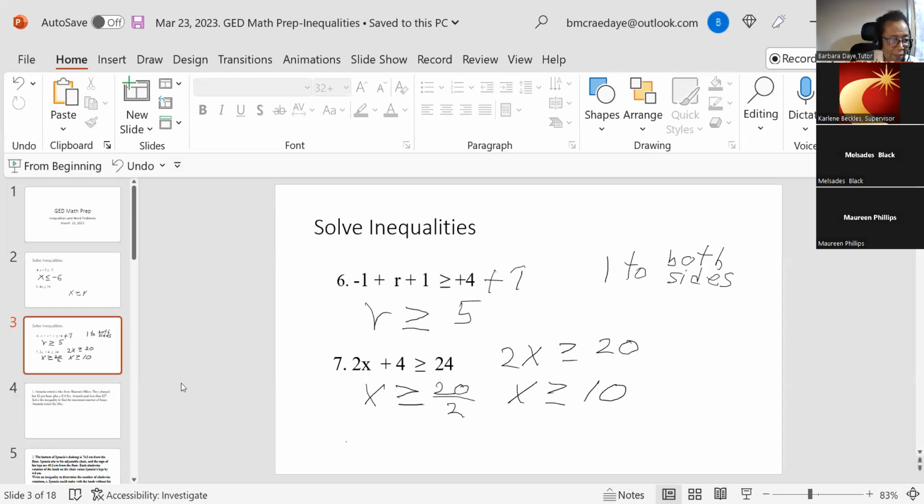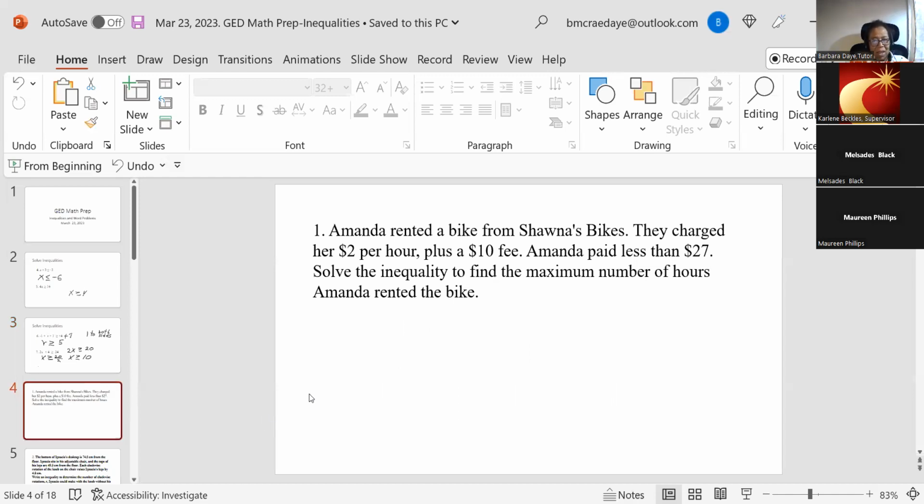Okay. Now, let's look at a word problem. Maureen, read number 1. Amanda rented a bike from Shauna's Bikes. They charged her $2 per hour plus a $10 fee. Amanda paid less than 27.